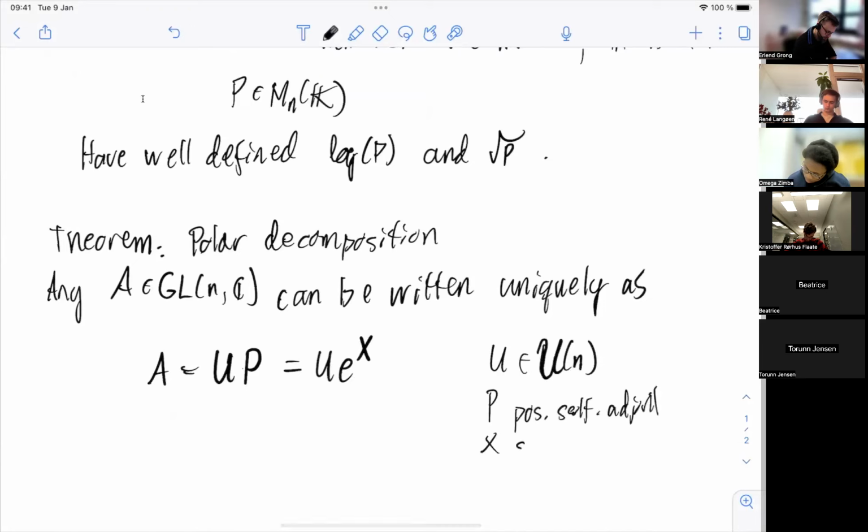And X is just self-adjoint. And X is here then just the logarithm of P. These two things are equal because you can uniquely represent P as the exponential of a matrix that is simply self-adjoint.